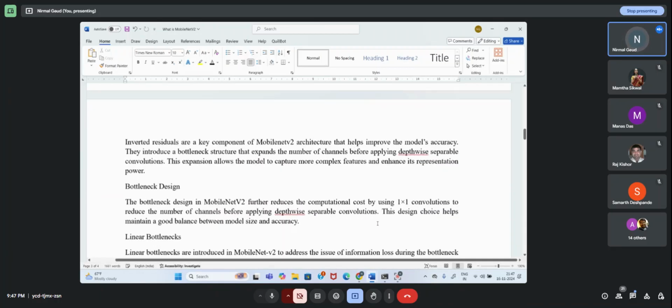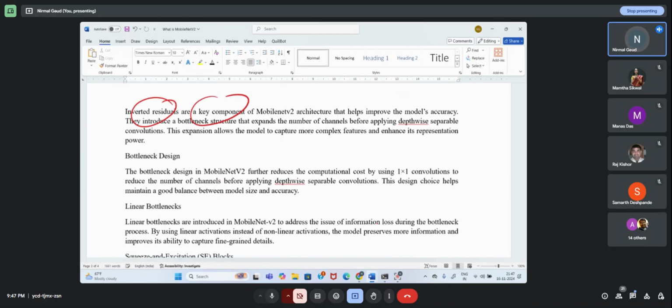Inverted residual means inverted residuals are the key component of MobileNet that helps to improve the model accuracy. They introduce bottleneck structure that expands the number of channels before applying depthwise. So inverted residual increases the number of channels before applying to depthwise.